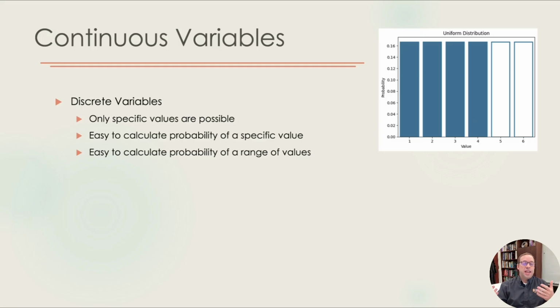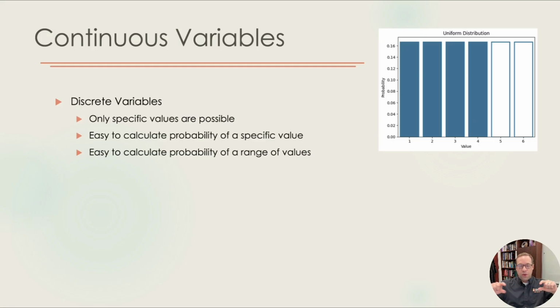For example, if I say, well, what's the probability of rolling a 1, 2, 3, or 4? Well, remember from lesson 9, that's an OR probability. Probability of 1 or 2 or 3 or 4. And what does OR mean? It should mean addition. So what's the probability of 1 plus the probability of 2 plus the probability of 3 plus the probability of 4?